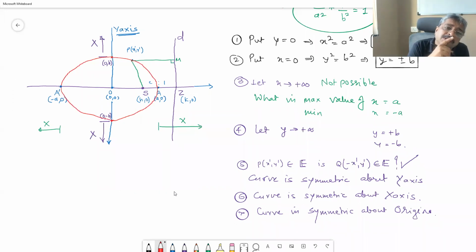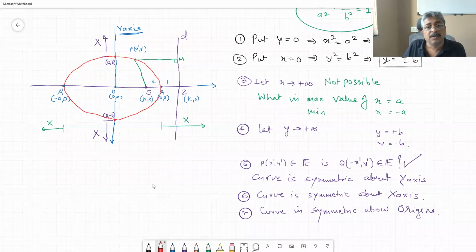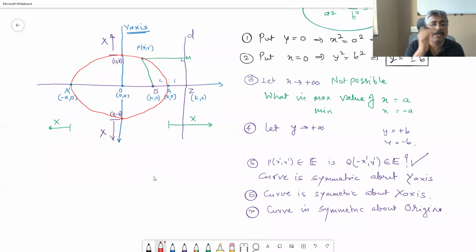But then there is still some non-symmetric element present in this diagram, which is D. If the entire curve is symmetric, good, there will exist one more focus S', symmetric to S. Because of the symmetry of the curve, there will exist one more focus S', whose coordinates will be exactly opposite of those of S, minus ae comma 0. And there will exist one more directrix.